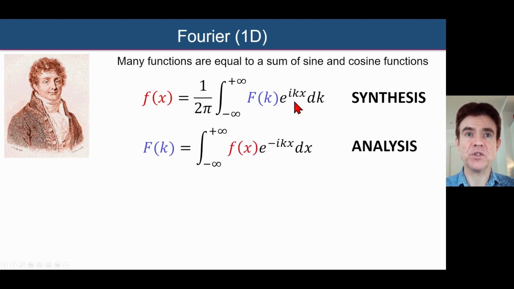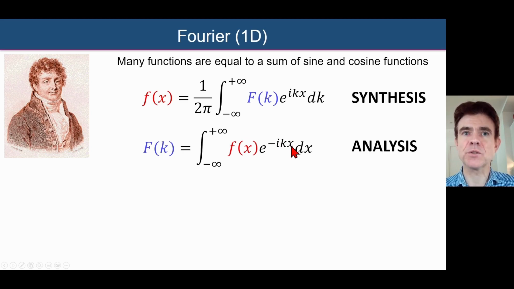Obviously, its counterpart is the Fourier transform, or the Fourier analysis integral, which tells us how to get the amount F of spatial frequency k that is present in the function f of x. And we find that amount simply by multiplying f of x by e to the minus ikx.